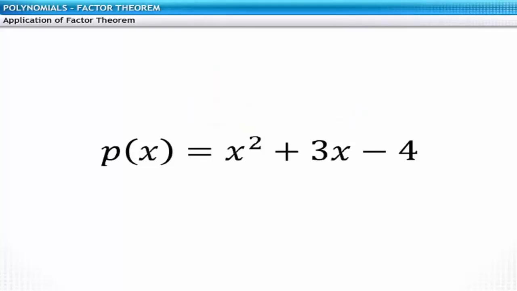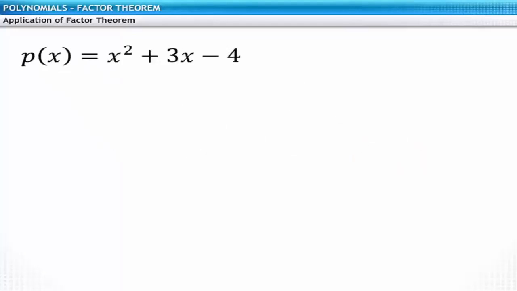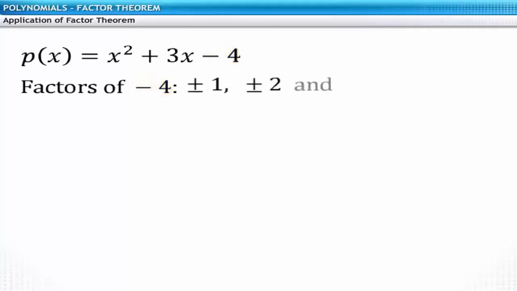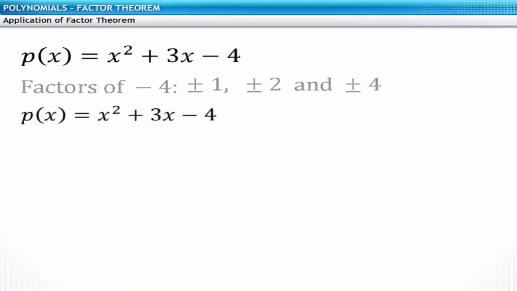We'll find the factors of the constant term -4. Next, we'll substitute the factors in the polynomial.